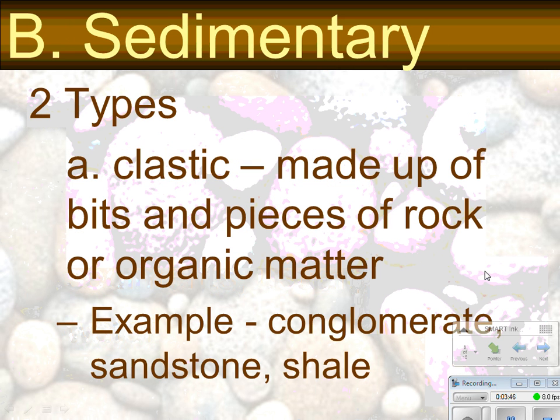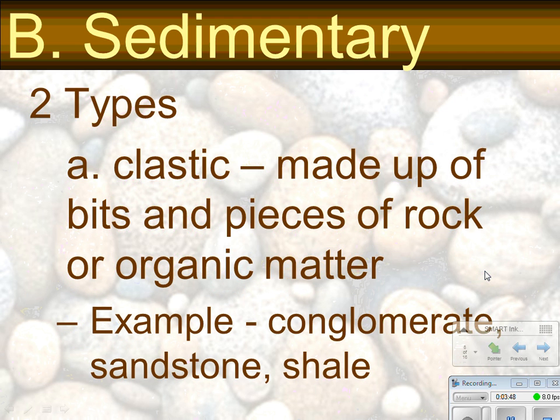And there are 2 types of sedimentary rocks. Clastic rocks, kind of sounds like plastic, but it's got a C. Clastic rocks are made up of bits and pieces of rock and organic matter. If you think about the word clast, it means a piece of a rock. So with clastic rocks, you're going to see the little bits and pieces all stuck together in one big rock.